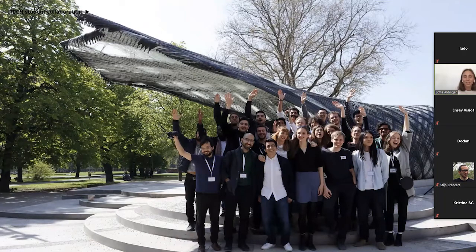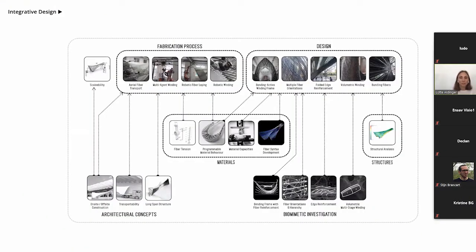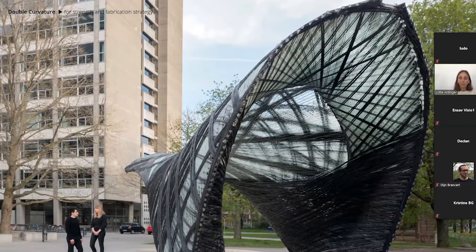And the project and the design process was as diverse as the team, also including biomimetic investigation. But what I really want to emphasize here is the double curvature that is not only required for the strength, but also for the fabrication strategy, which is in this case the coreless filament winding, which means that fibers are spanned between two frames in a specific sequence to slowly build up an anticlastic shape.